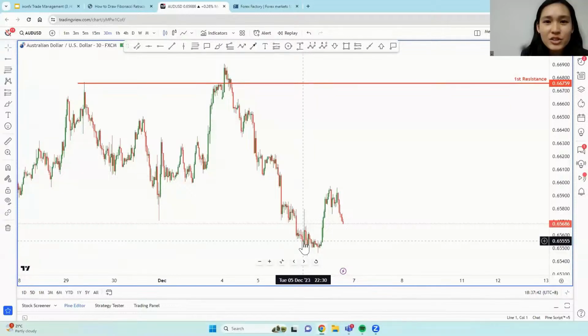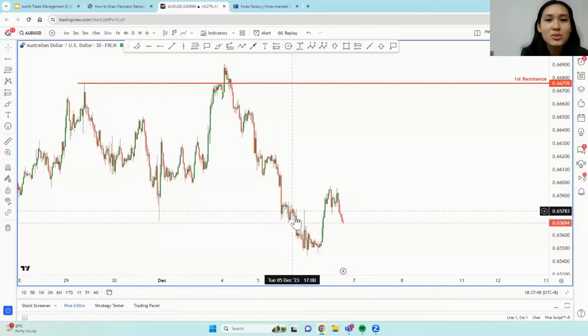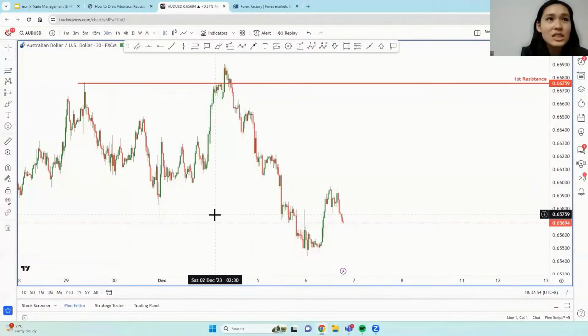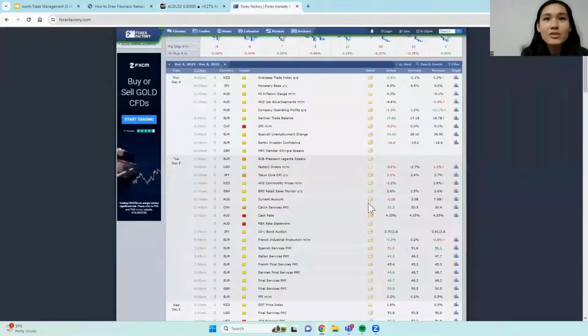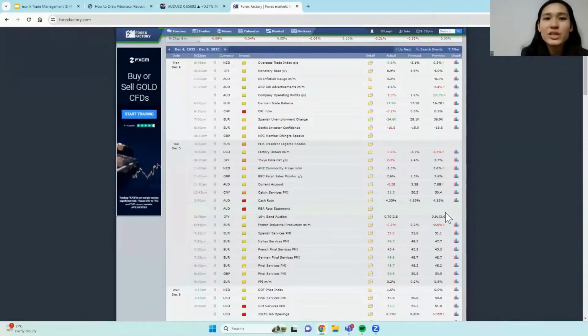But if we look at the Tuesday, we can see how it impacted the charts, and you can see that price dropped over here and then started to pick up again on Wednesday. But this is on the 30-minute time frame. I don't think this had much of an impact since the actual data that was released is similar to the forecasted as well as the previous.